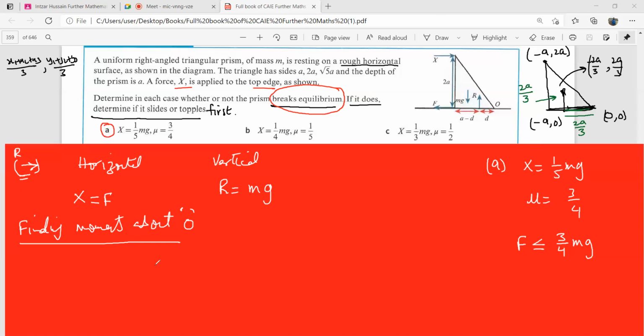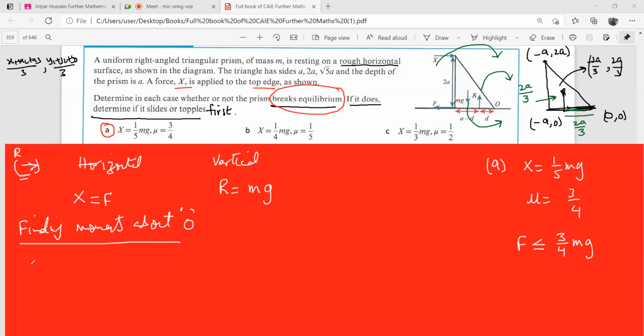Now, when we find the moments about this point O, this R is going to create a moment like this, X is going to create a moment like this, and this weight is going to create a moment like this. I think this is anti-clockwise, and these two are clockwise.